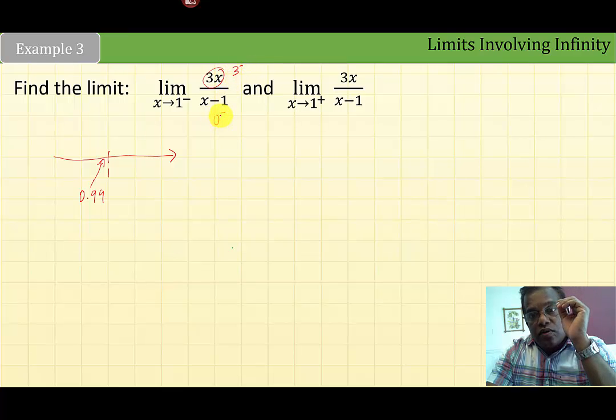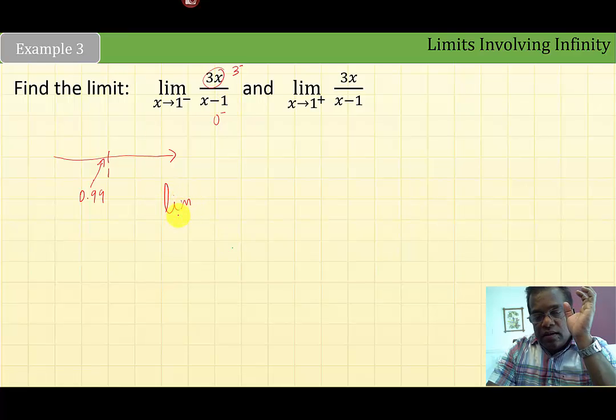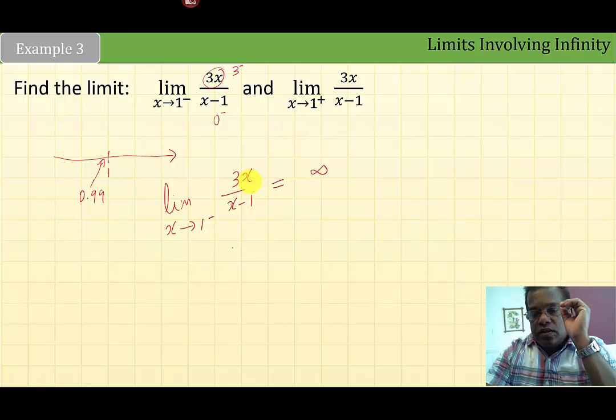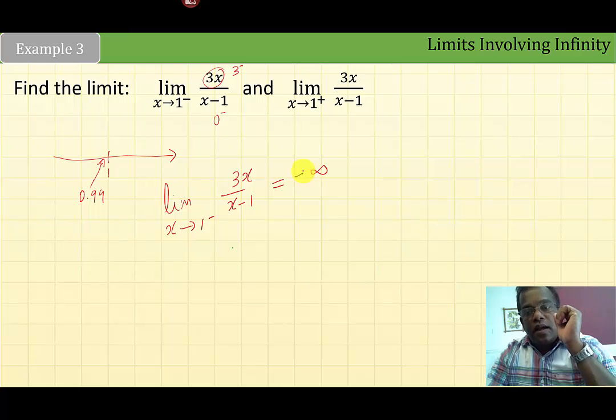This is approaching 0 from below, meaning it's a negative number. Since a number over 0 approaches infinity, as x goes to 1 from the left, 3x over x minus 1 approaches infinity. This is a positive number, this is a negative number, so the sign is negative infinity.